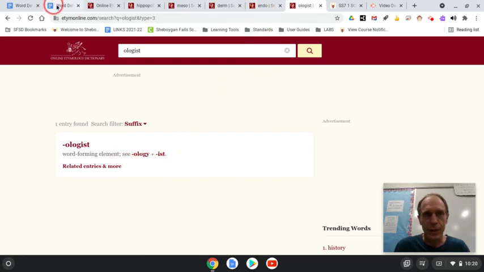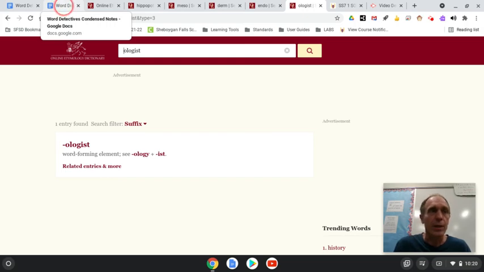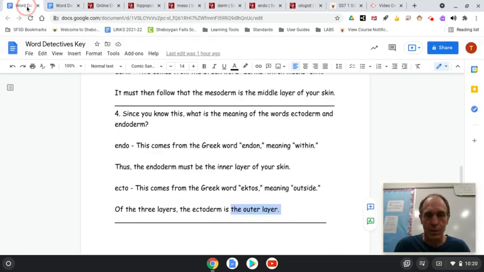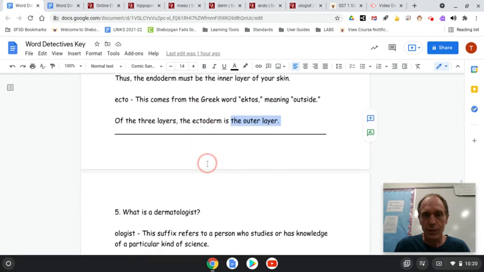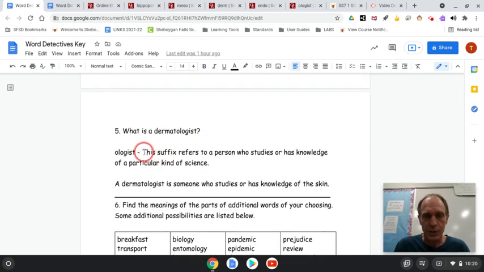And if you want to do that on your own, stop the video now and do it and see what you come up with. Not a bad idea. And if you have not stopped the video, I'm going to go to the key here. Ologist. This suffix refers to a person who studies or has knowledge of a particular kind of science.